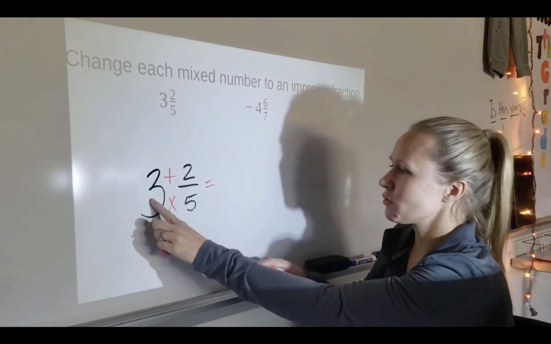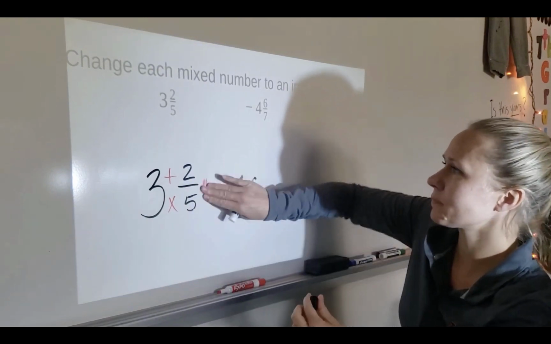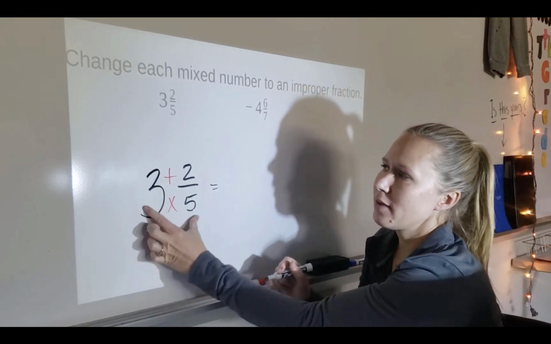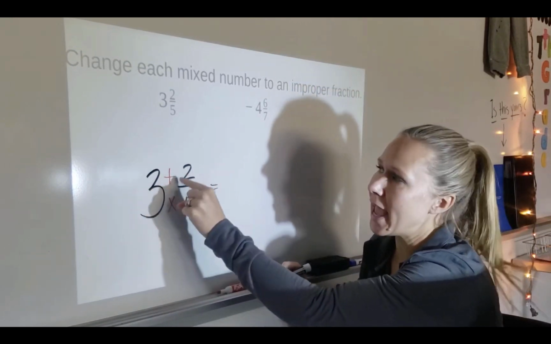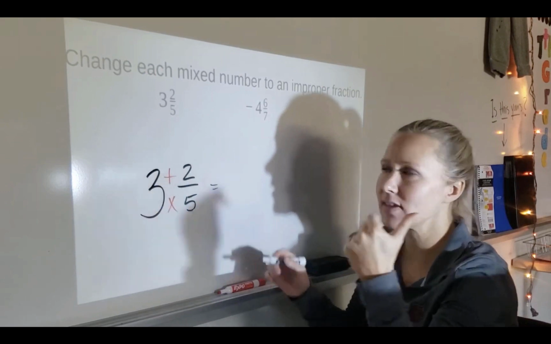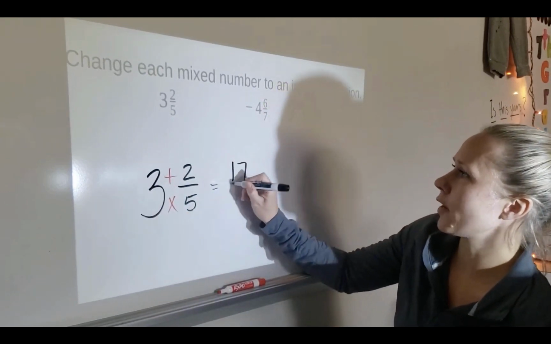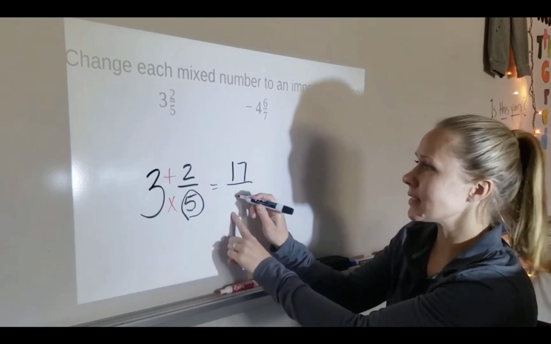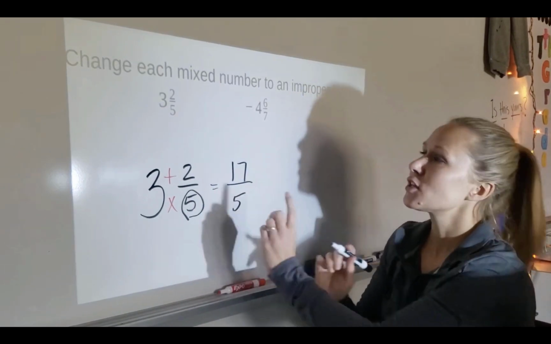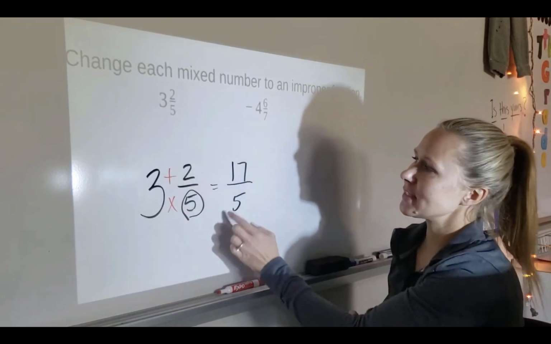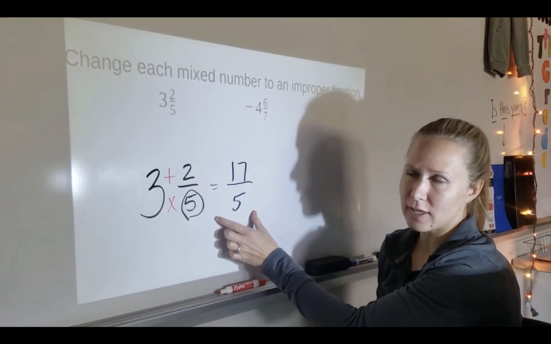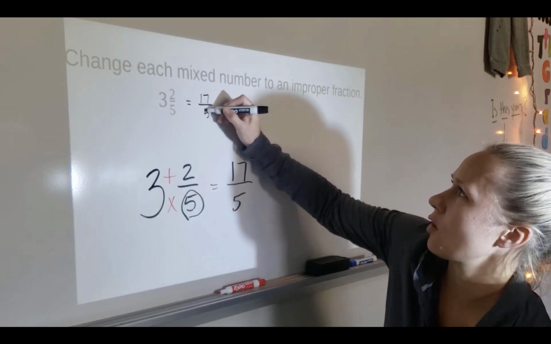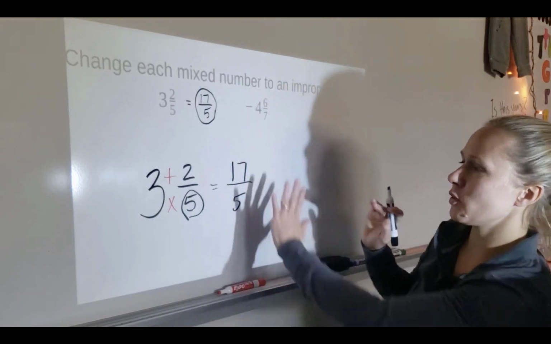So 3 times 5 first, that's 15, and then I add the 2, 16, 17. That becomes my numerator. And then the denominator was fifths. It's going to stay fifths. So 3 2/5 is the same as 17 fifths. So we'll just write that right here, and we have our work shown all beautiful.